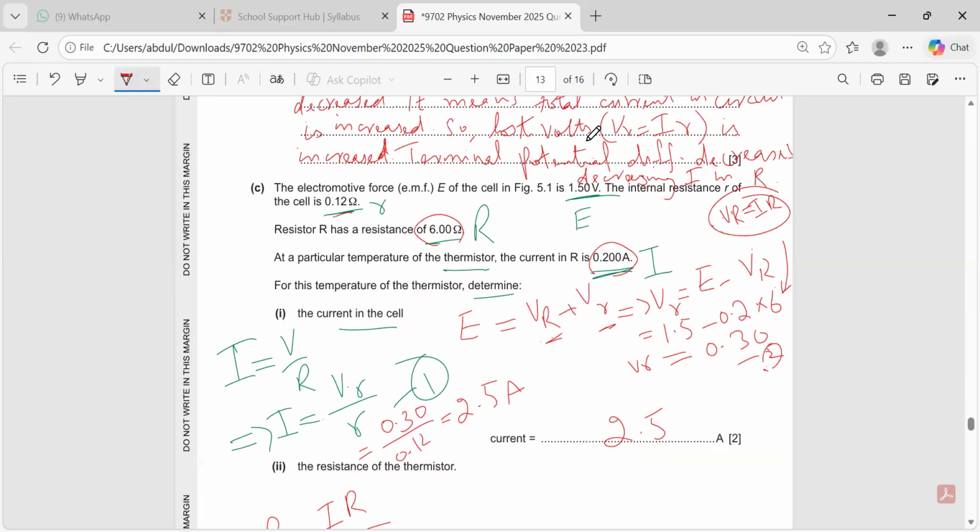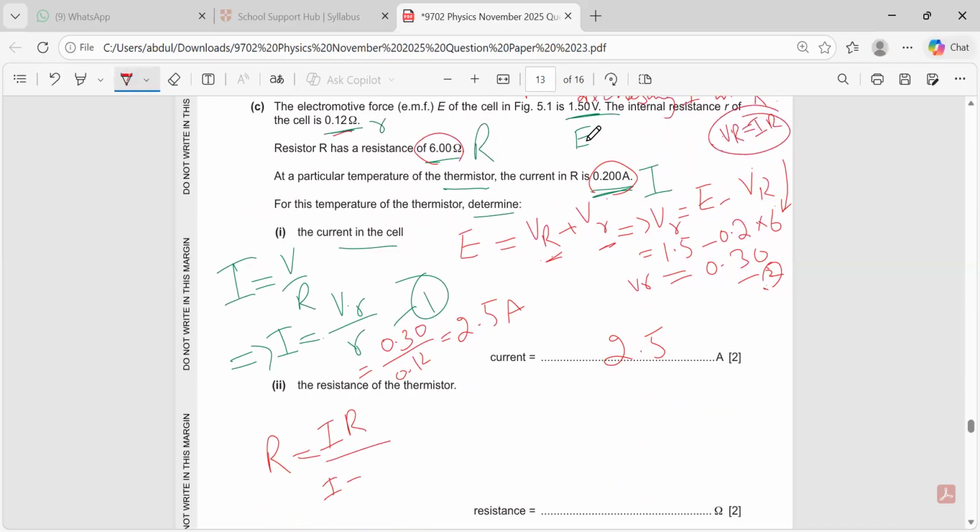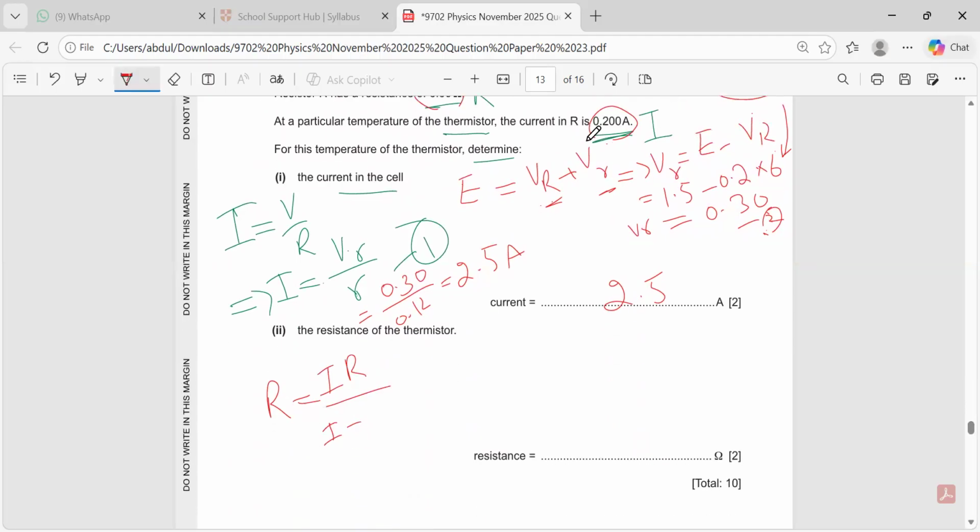Okay. So, what can we do? See here, the current through R is 0.3. So, I minus I_R. So, my dear friends, what can we do here?